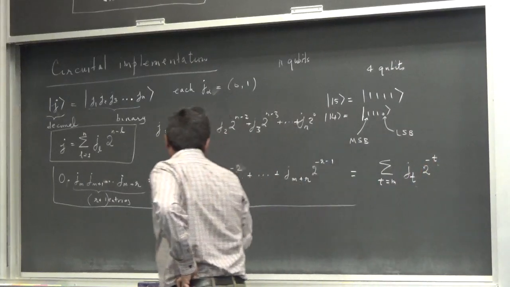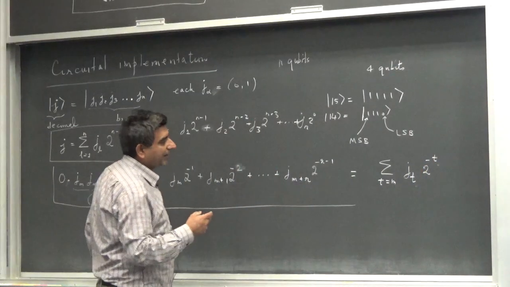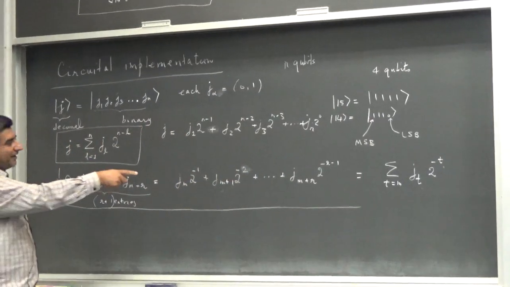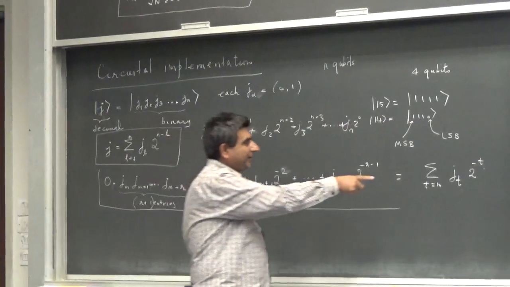So I can just work this out. Anyway, if you want, you can work this out. This is going to take some kind of thinking of what these indices should be.